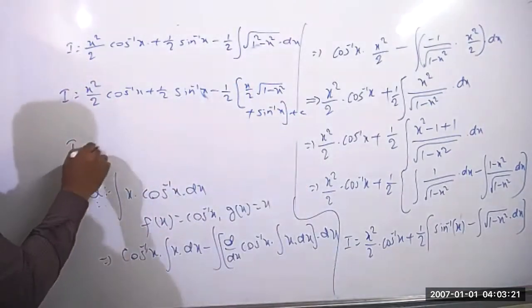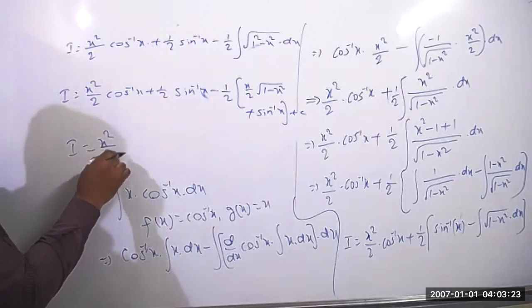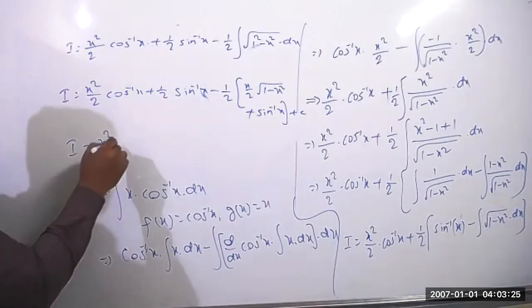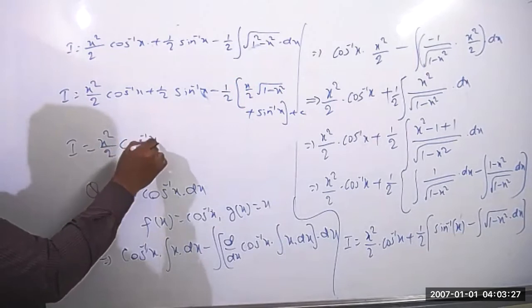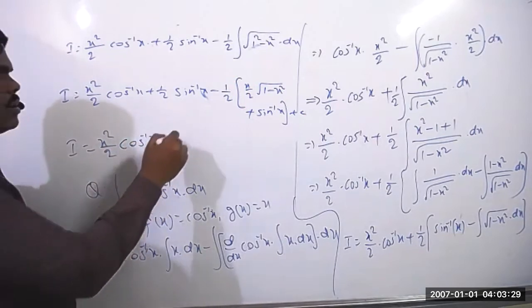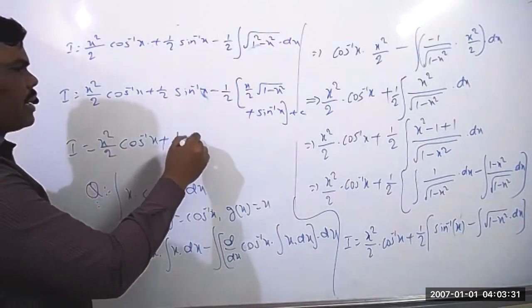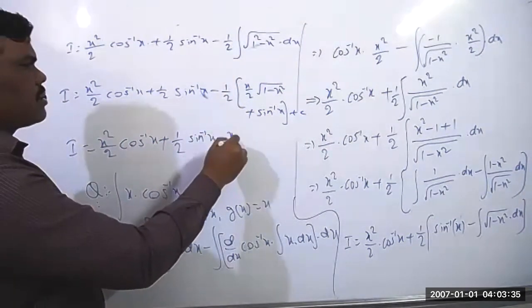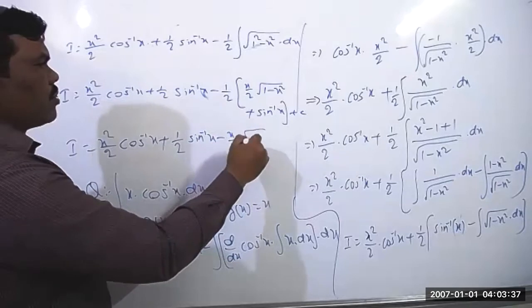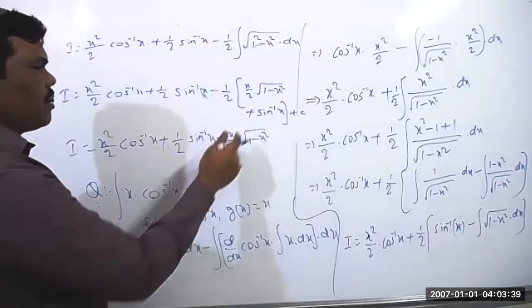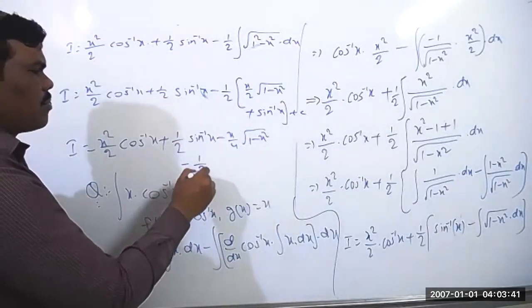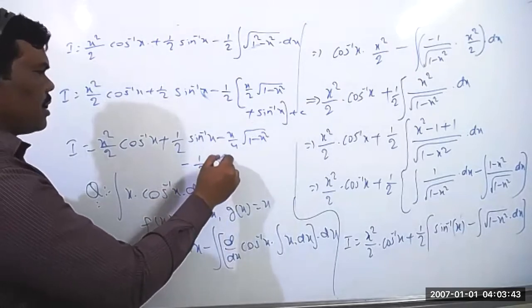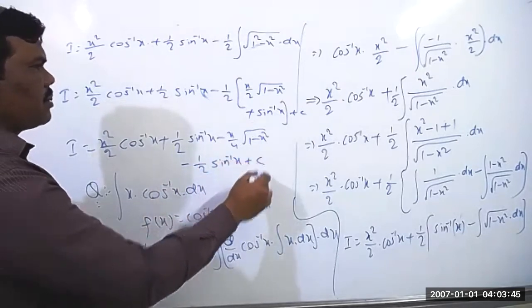So the value of I equal to x square by 2 into cos inverse of x plus 1 by 2 into sin inverse of x plus into minus equal to minus x by 4 into root of 1 minus x square, minus into plus equal to minus 1 by 2 into sin inverse of x plus c.